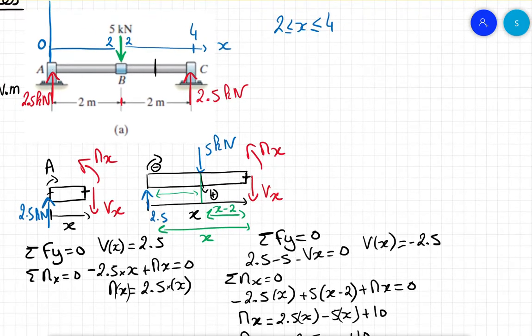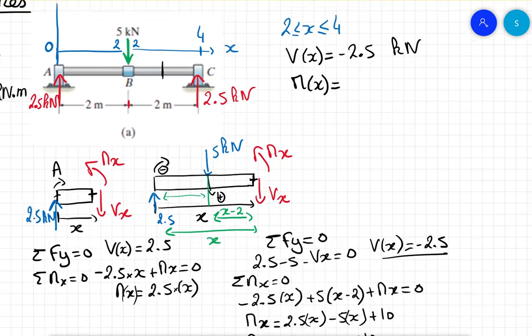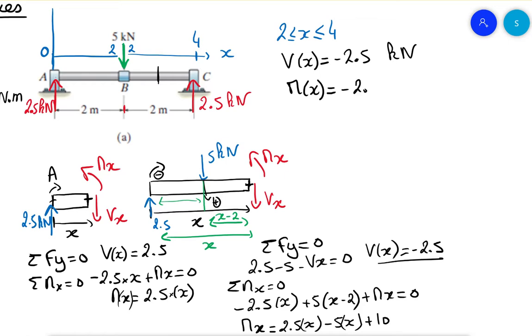Okay, so let's write this there. Between 2 and 4, we have V of x equal to minus 2.5 kilonewton, and the moment of x is equal to minus 2.5x plus 10, in kilonewton meter.